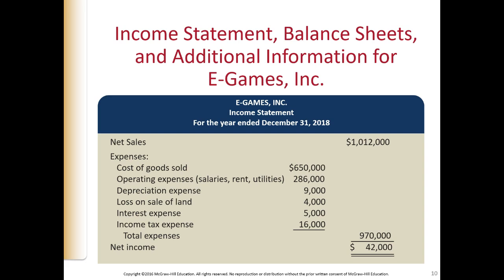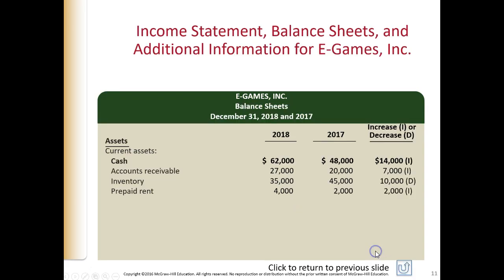All right, here's a net income statement. You can see the revenue up there, $1,012,000, and a list of expenses. We also see in here, I need to point out, depreciation expense and loss on sale of land. Those will pop up in just a minute. We have to handle those separately. And then net income we're going to use from the income statement. In the balance sheet, we will need to find the difference in the current assets.